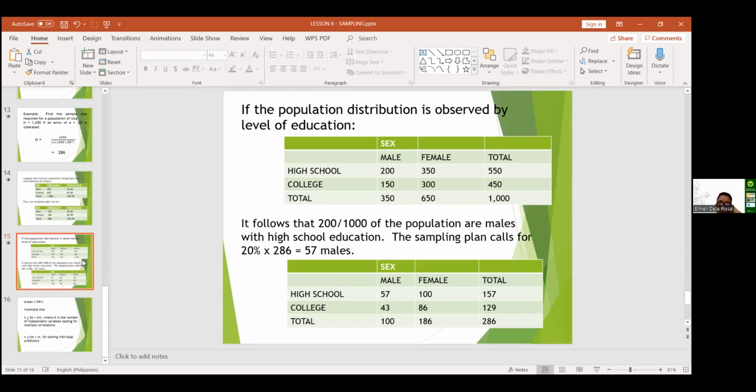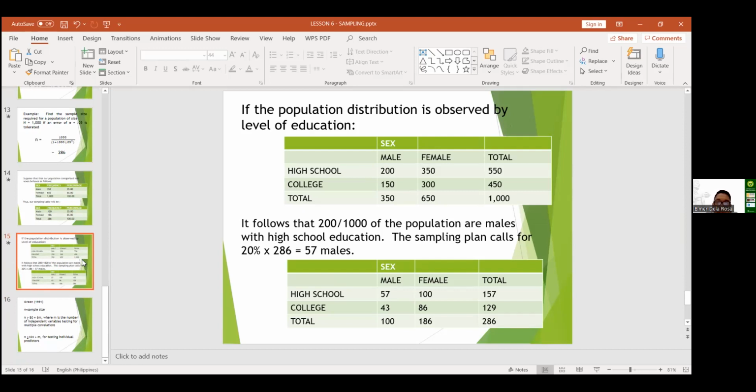Now, suppose that your cluster is level of education, high school and college, tapos meron pang gender. Okay? O, basahin lang muna natin itong unang table.